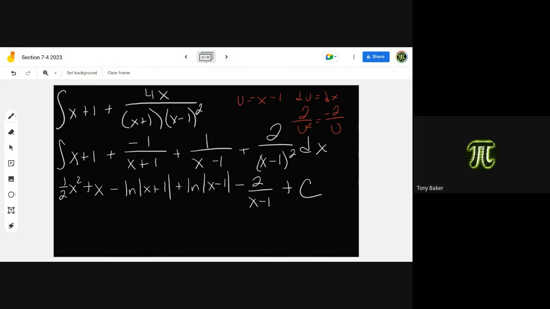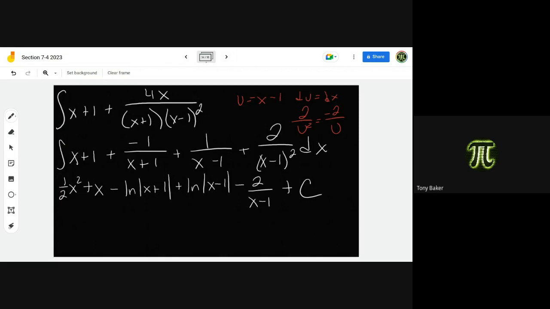If I had 2 over U squared, or 2 U to the negative second power, add 1 to negative 2, I get negative 1. My U's still there. Okay? It's U to the negative first power, which is why it just goes back down the bottom. So you don't have a natural log in this one because we didn't get rid of the U to begin with.